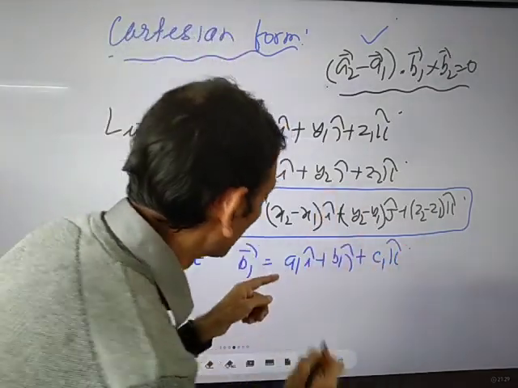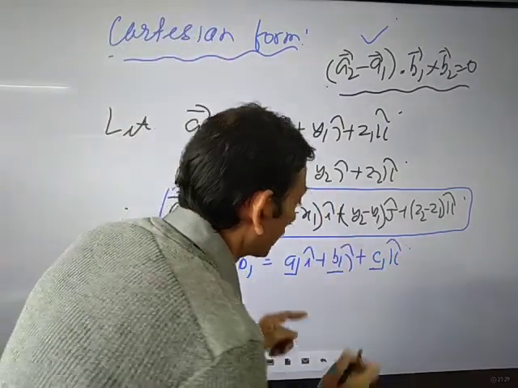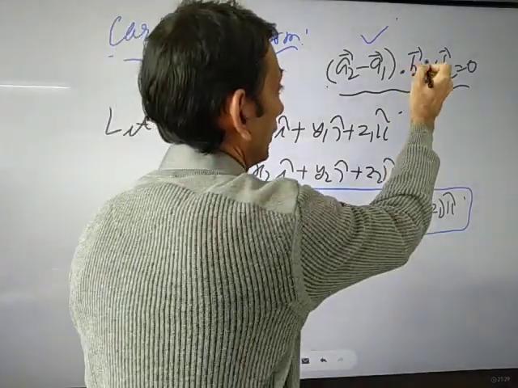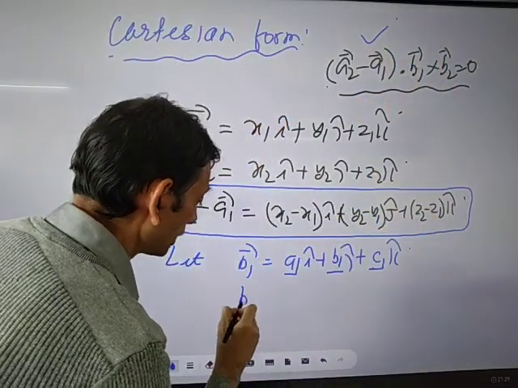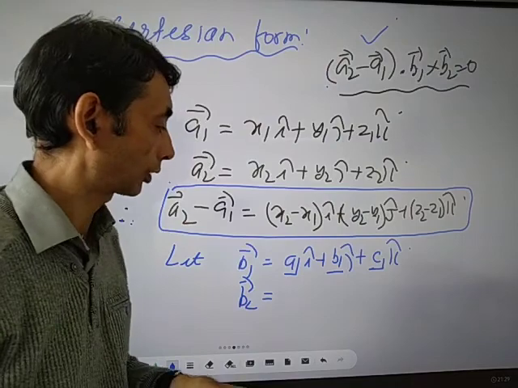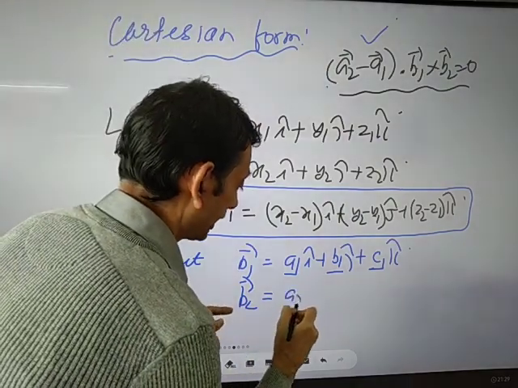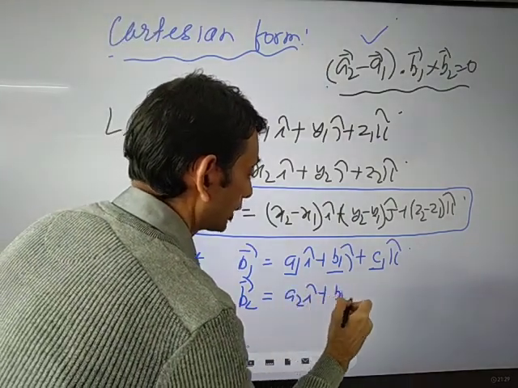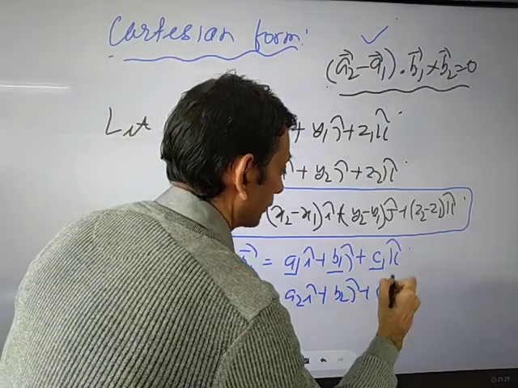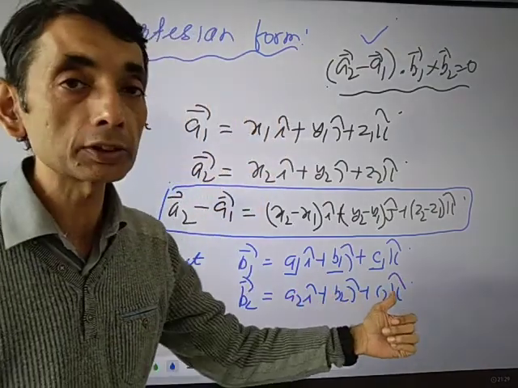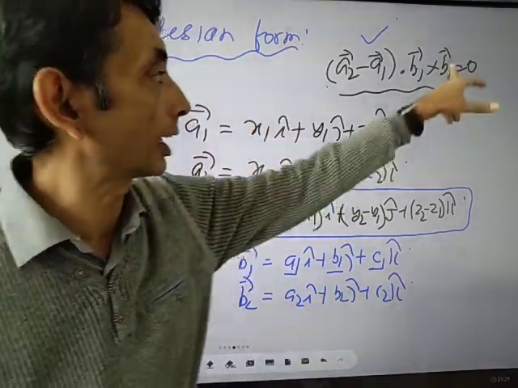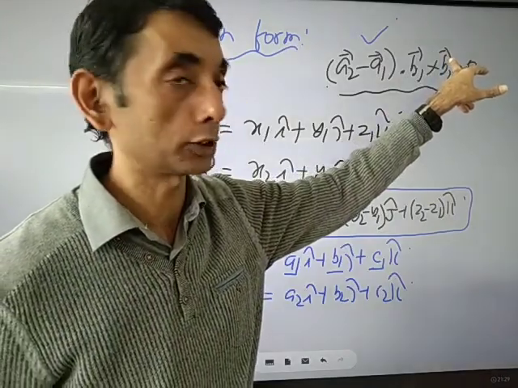Remember this: a1, b1, c1 are the direction ratio of vector B1. Similarly, B2, you can just take a2 i cap, b2 j cap, and c2 k cap. Now what is a2, b2, c2? a2, b2, c2 are the direction ratio of this vector B2.